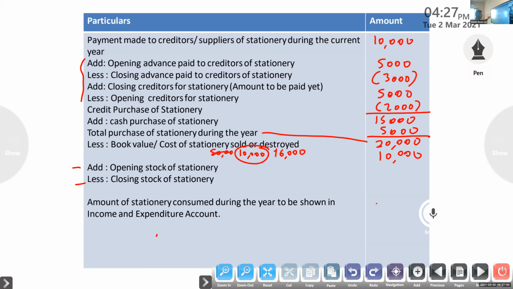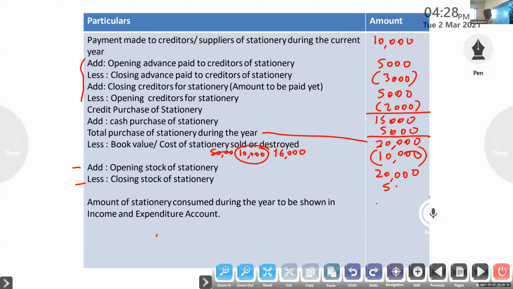Now with that, the opening stock of stationery, you look at the opening stock, that you have to add. Then closing stock of stationery, that you have to minus.